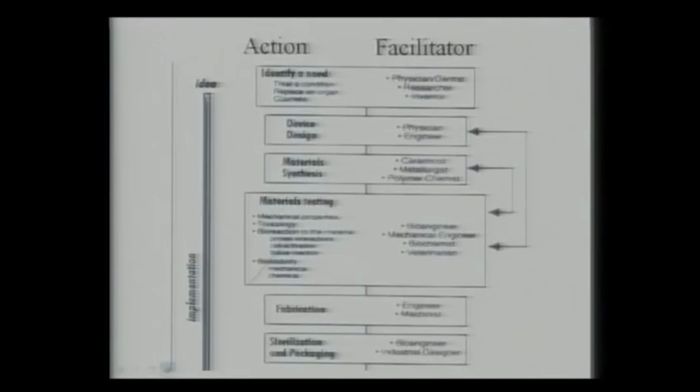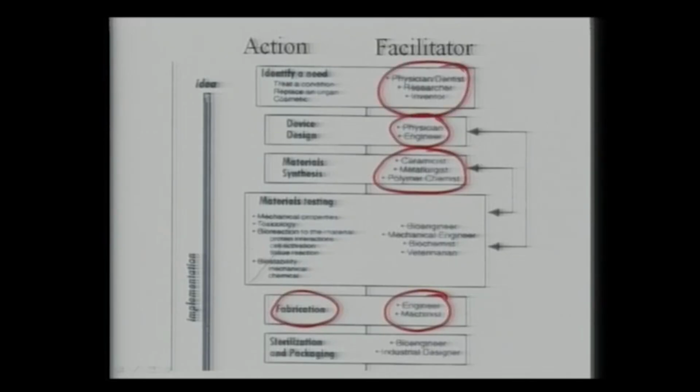Now, how has this entire biomaterial science been developed? It starts with the fabrication of the materials, and there it requires engineers, machine people as well as metallurgists, ceramics people and polymer scientists for developing the ceramic based or polymer based materials. And then to design a device, you require a physician or engineer to collaborate, and initially you have to identify a need, like what this material is to be used for, and for that you require a dentist or physician or researcher to answer certain questions.